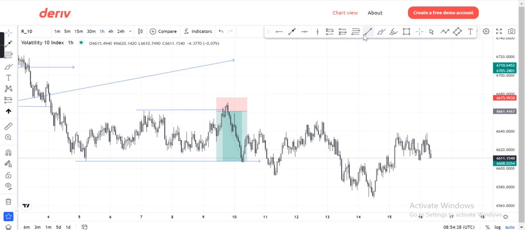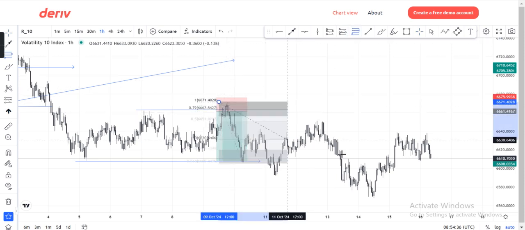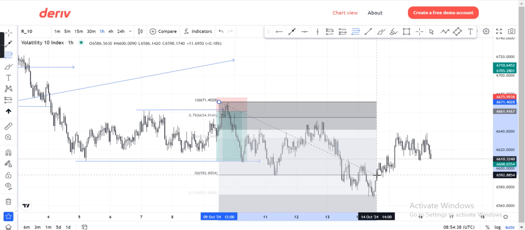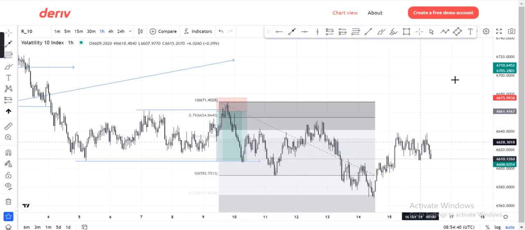Now, when we look at that, we can simply mark our Fibonacci from our point A level to our point B level using this particular formula.